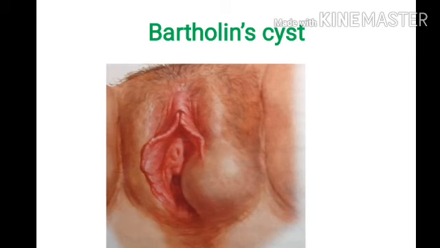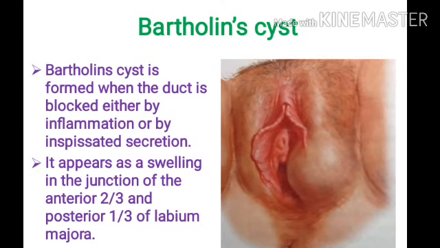Next, let us see what a Bartholin cyst is. We can see a picture of a left-sided Bartholin cyst, a considerably enlarged one. How is this Bartholin cyst formed? It is formed when the Bartholin duct is blocked either by inflammation or by inspissated secretion.